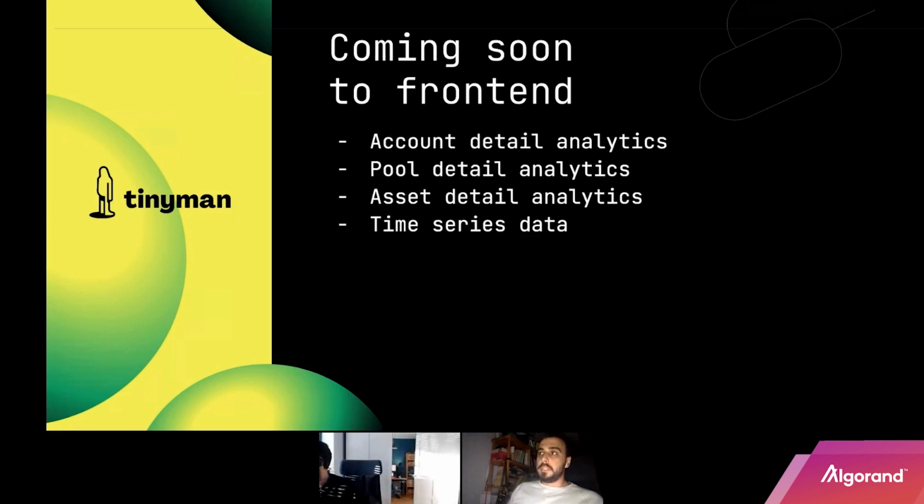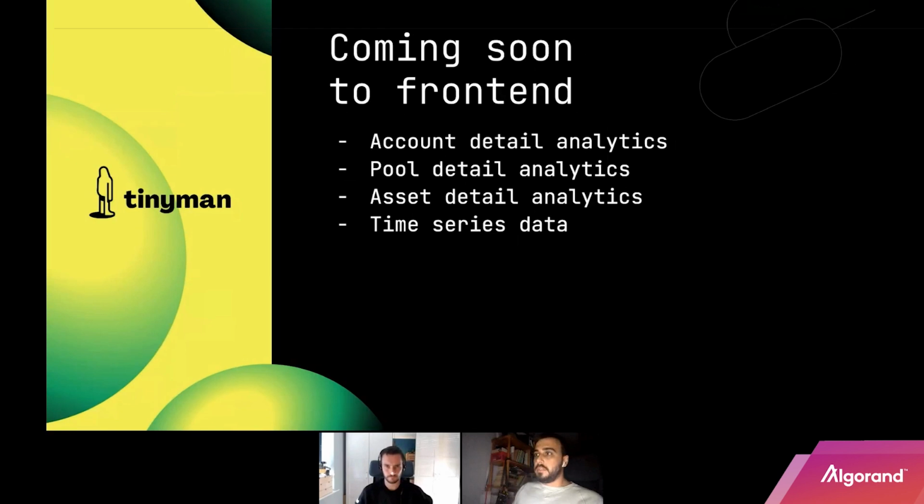Also, we have some things already implemented but not yet on the front-end side, which are account detailed analytics. For example, you have an account on Tinyman, and you can see the fees you earned and the status in a historical perspective.